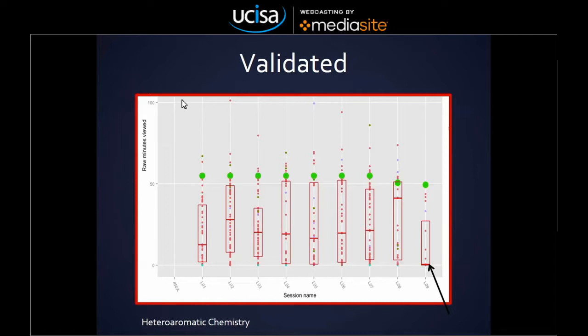So here we've got a range of lectures, lectures 1 to 9, and the one at the end, the last one, is the mean amount of viewing that we have. And there's very little viewing of lecture 9. So what we've done in cases like this is to go in and check it out, and it turned out this wasn't a lecture at all, it was a problem class.